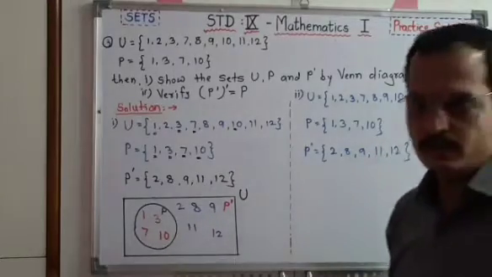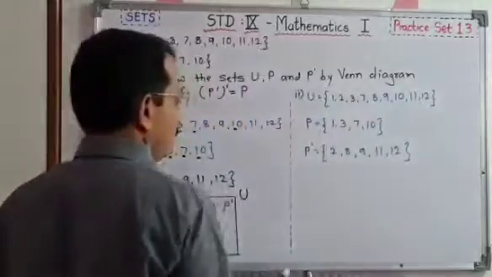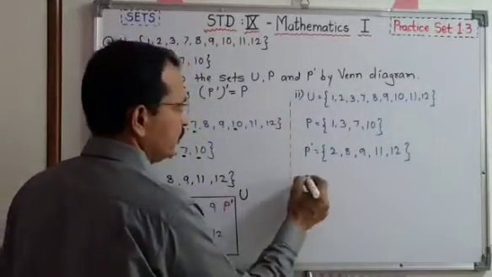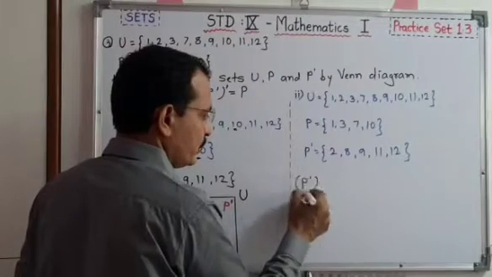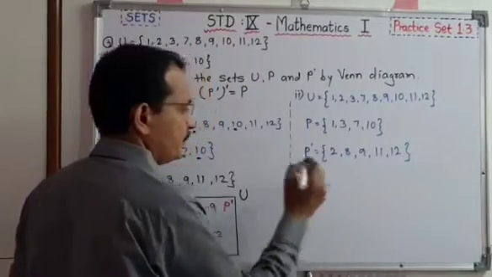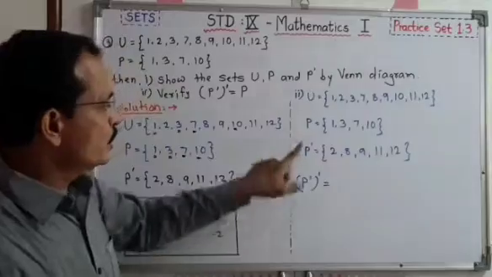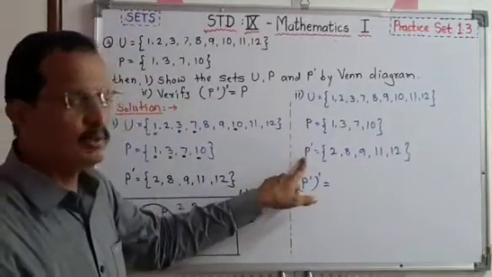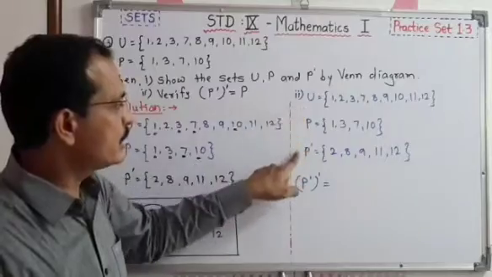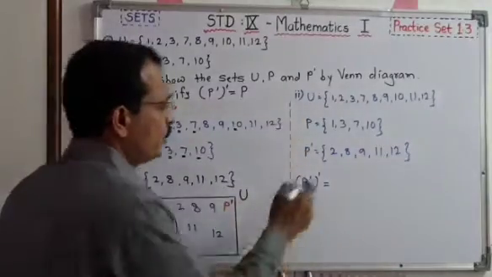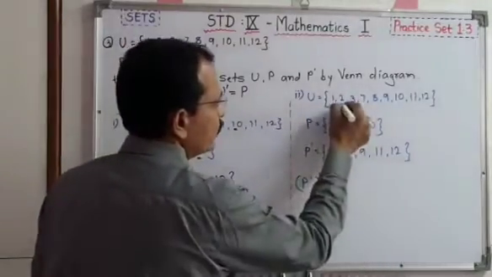Now see carefully, it is very important. Now we have to write the complement of P complement. That means we have to compare this universal set and P complement. Here 2, here it is 2.